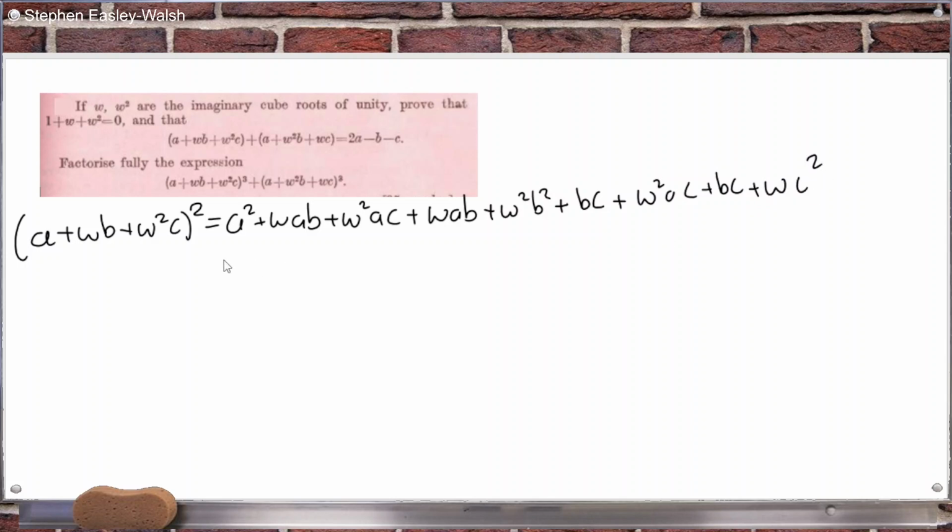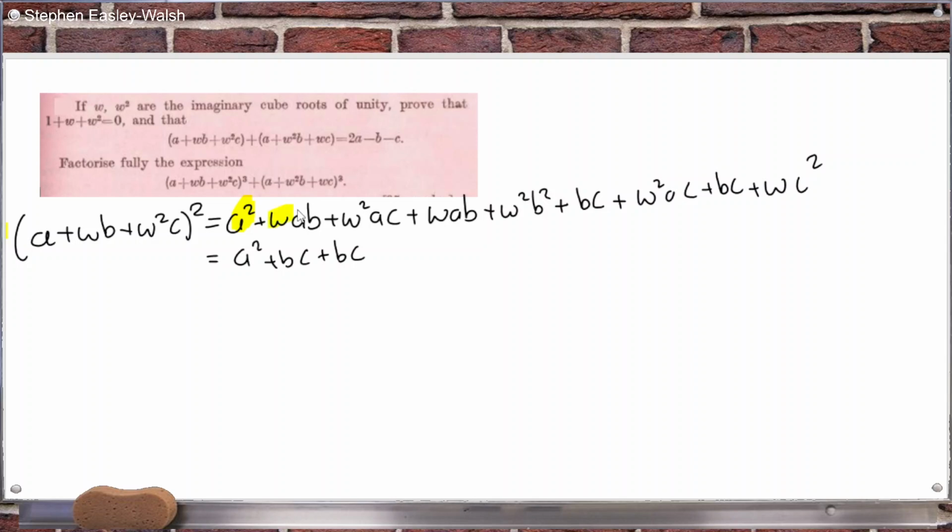Can we clean that up a little bit? I think we might be able to. So that's a squared, omega, omega, omega, omega, plus bc plus bc again. That seems a little bit suspicious, so we better check that our multiplication worked out. A by a is a squared.